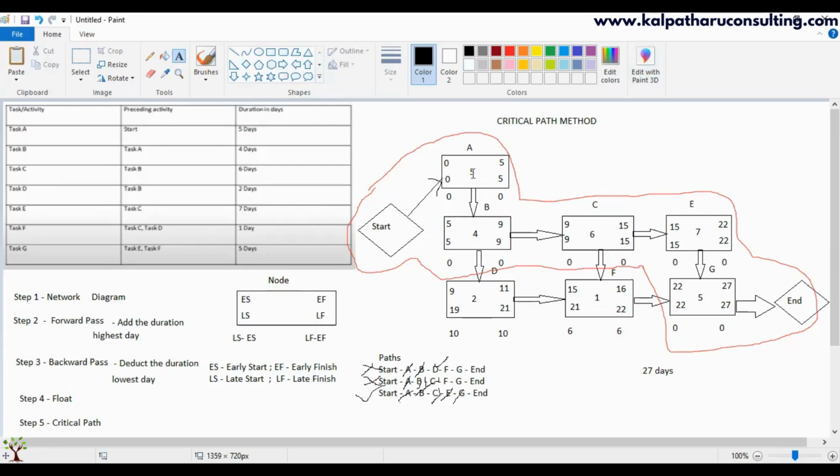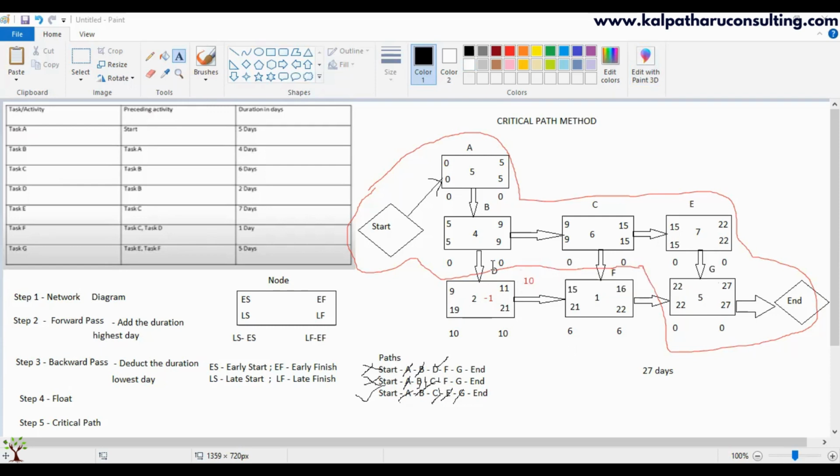Let's assume we are saving 1 day here. We are putting some effort and reducing the duration by 1 day. Then when are we going to complete D? Instead of 2 days, I'm completing D in 1 day. So when will I complete D? The 10th.